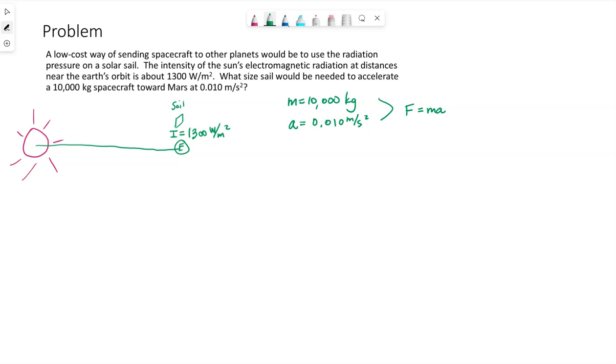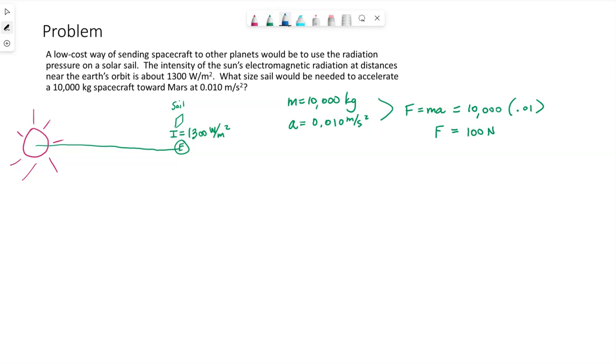We're going to look at assuming just the force of the sunlight is causing this force. So no gravitational pulls. We're not accounting for anything like that, which of course wouldn't be the best assumption either. But for the sunlight itself to exert a force of 100 newtons on this sail.